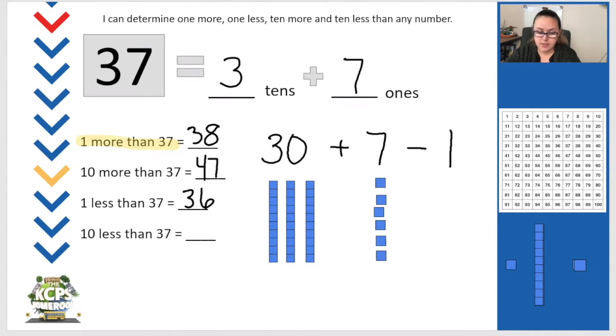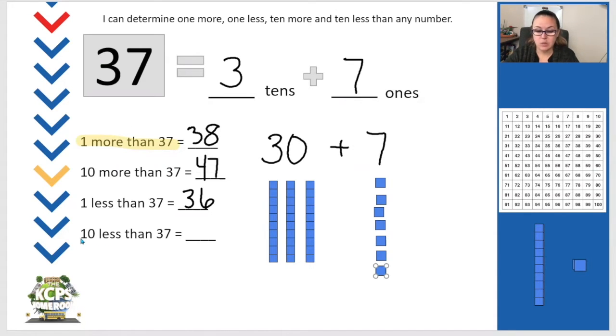And last but not least, the last thing we have to do, let's put this block back so that we get 37. Let's erase the minus 1. Now we have to calculate 10 less than. So when we were calculating 1 less, we took 1 unit square away.